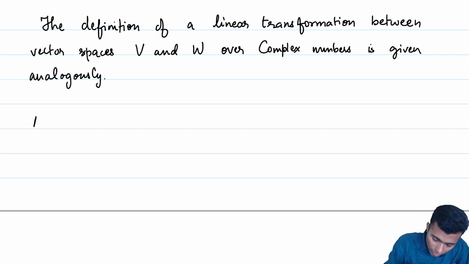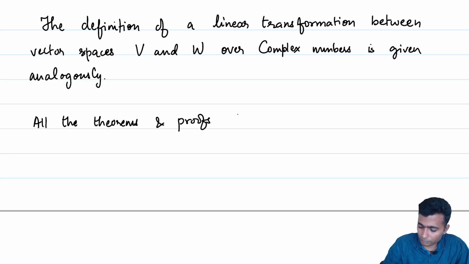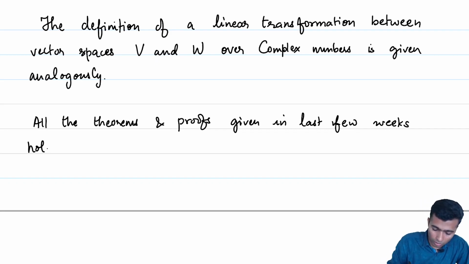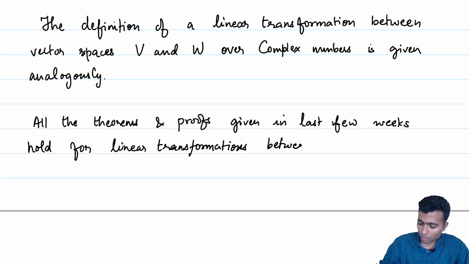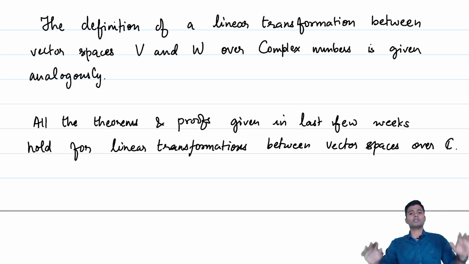So let me just note that all the theorems and proofs given in the last few weeks hold for linear transformations between vector spaces over C. So even for vector spaces over the field of scalars being complex numbers, all these theorems hold.